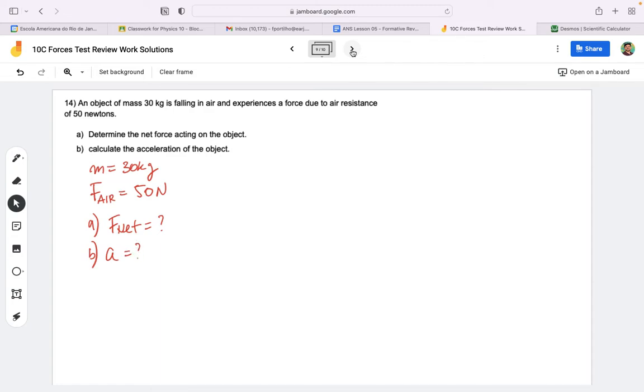In order to better visualize the given circumstance, I highly recommend that you, students, draw a free body diagram of the object. The forces acting upon the object are the weight, the gravitational force, and also the air friction pointing up, which accounts for 50 newtons.